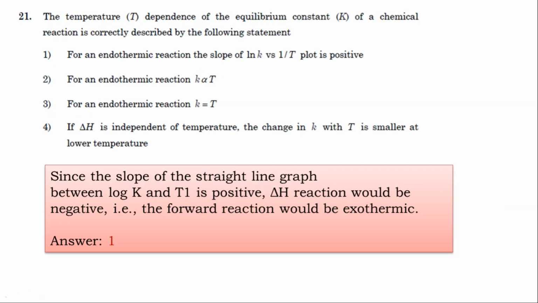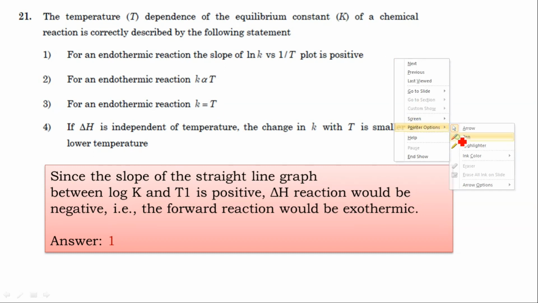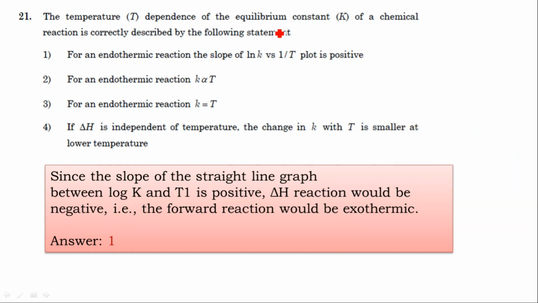The temperature dependence of the equilibrium constant K of a chemical reaction is correctly described by the following statement. Here you see answer option 1 is correct. For an endothermic reaction, the slope of the ln K versus 1 by T plot is positive.